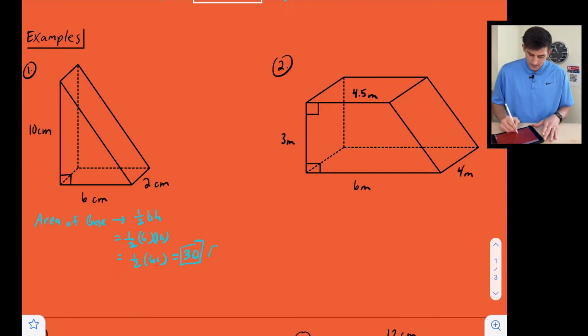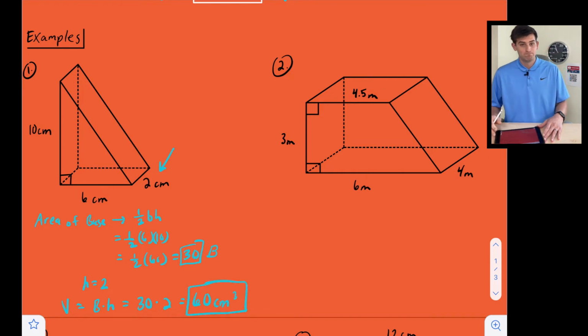This is B. Now our height here is our other measure that we have, and it is going to be 2. So if H is equal to 2, then the volume is going to be equal to B times H, which is 30 times 2. So we have a volume of 60 cubic centimeters for number 1, okay?